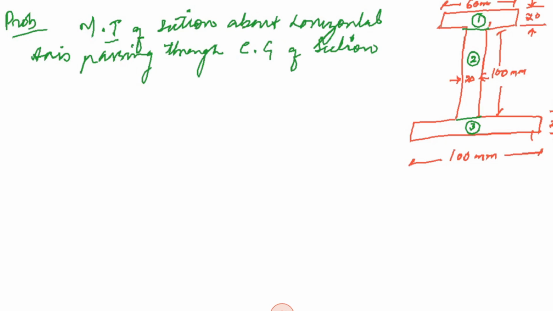Now, as you can see from the figure itself, it is symmetrical about one axis, this y dash axis. Therefore, you can simply say that the center of gravity will definitely lie on this y-axis.